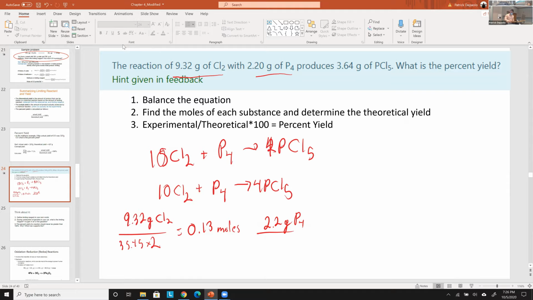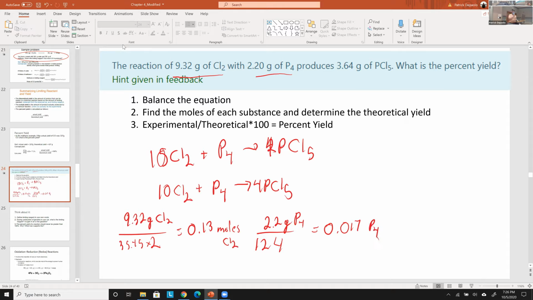So I'll just put 31. 31 times 4, 124. So 2.2 divided by 124 is 0.017. Nice. Okay, cool. And this is moles of Cl2, moles of P4.